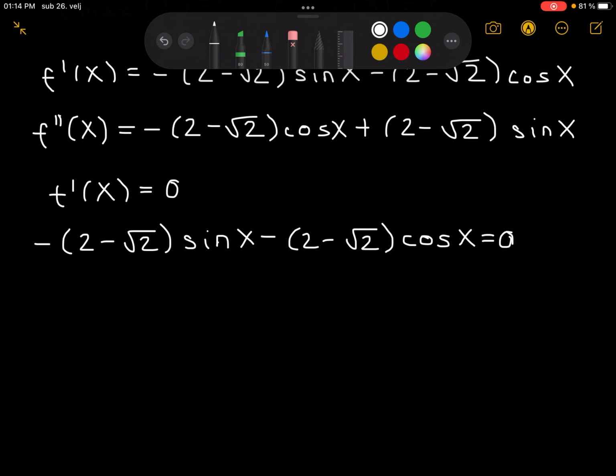Now, of course, we can just divide everything by negative 2 minus the square root of 2, and that will simply leave us with the equation sine x plus cosine x is equal to 0.